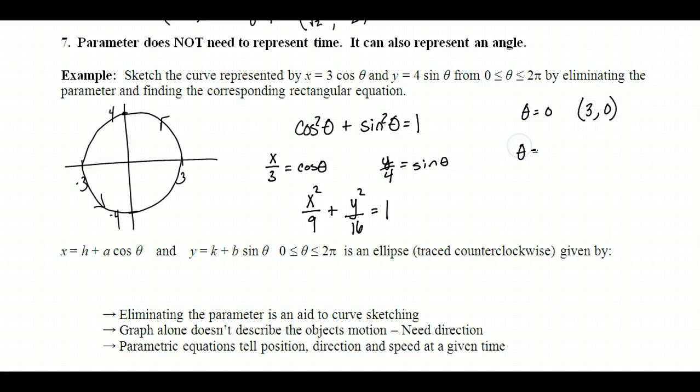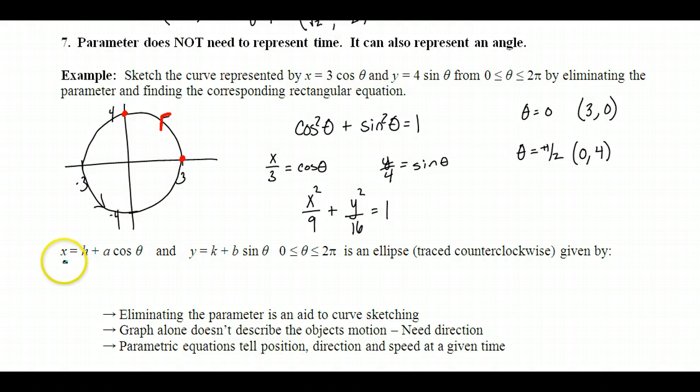Then what if theta is pi over 2? We're increasing in order. Cosine pi over 2 is 0, times 3 is 0. Sine pi over 2 is 1, times 4 is 4. So I go from the point 3, 0, which is right here, to the point 0, 4, which is right here. If you're going in that direction, that can also show us orientation compared to just using your calculator.